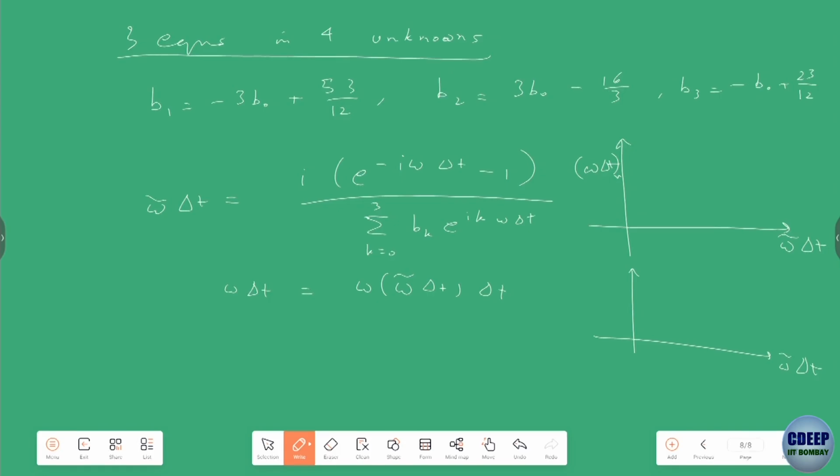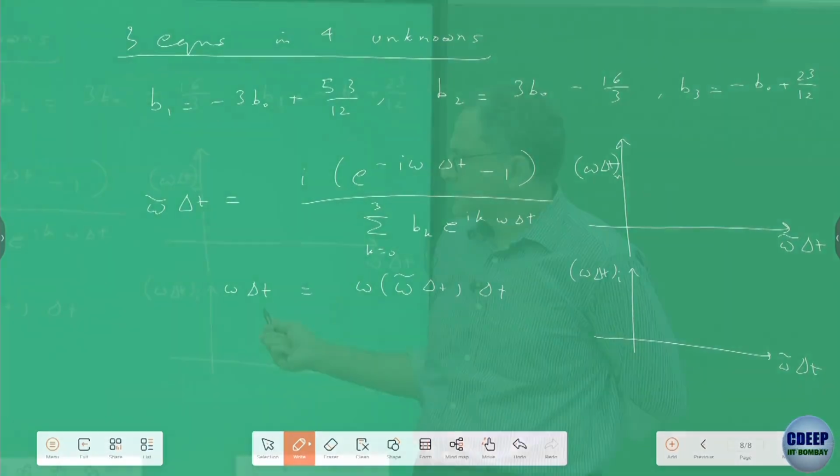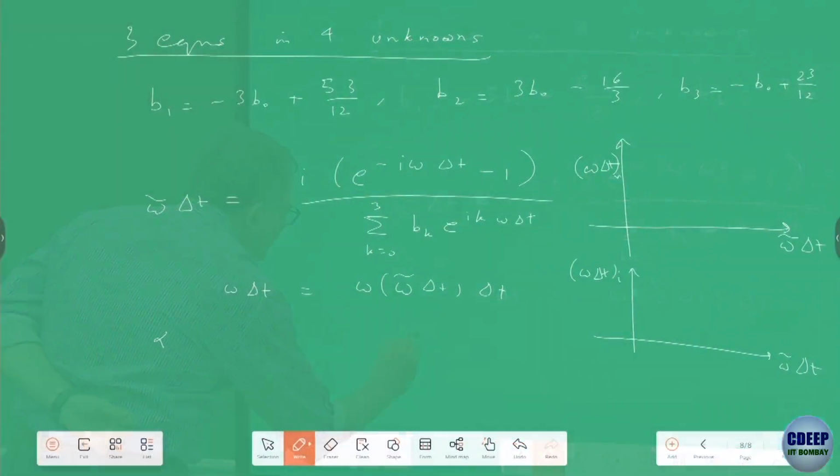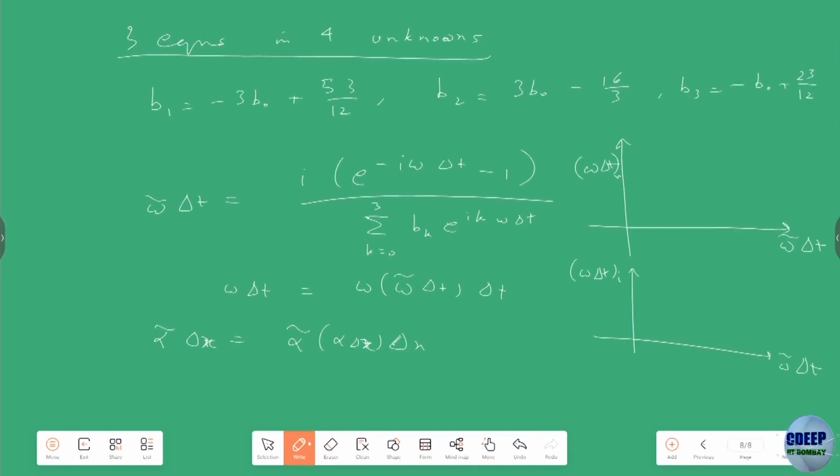Okay. So there are several open questions here, but can you think of why this might be the way to look at it? In the spatial scheme we had a similar looking result, that alpha tilde delta x was some function of alpha delta x, and we were making plots of alpha tilde delta x versus alpha delta x to get a visual feel of our stencil.